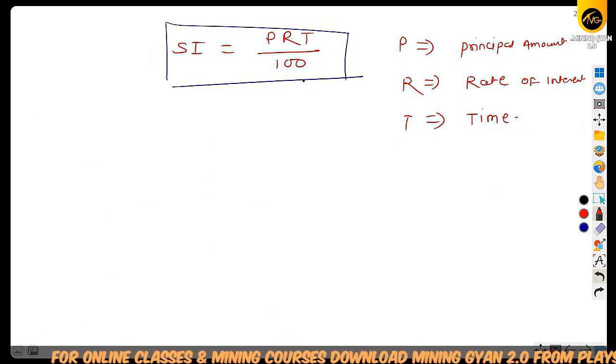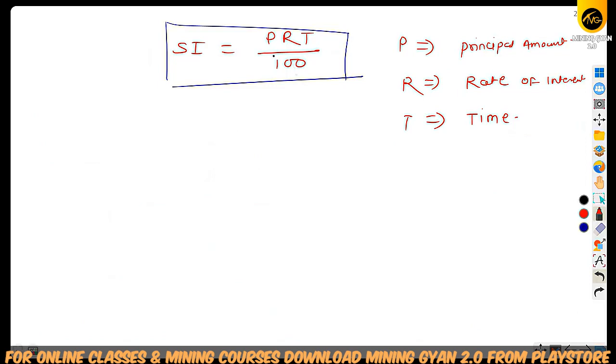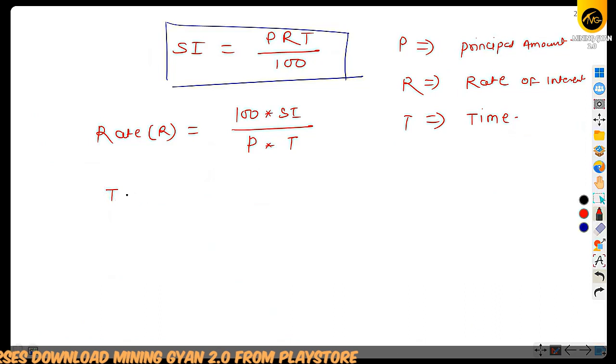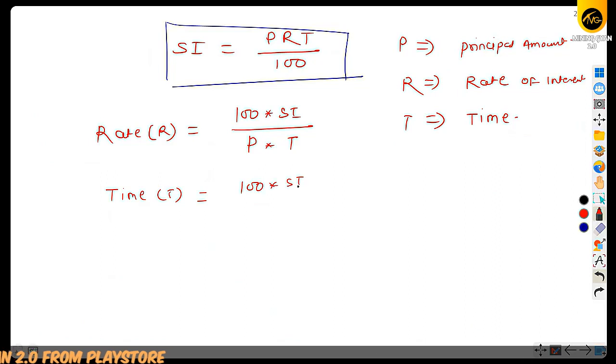divided by 100. Clear? Now, if you want to find out the rate of interest, then R is equal to 100 multiplied by simple interest, divided by P into T, that is principal amount into time. Similarly, if you want to find the time duration, time is equal to 100 into simple interest divided by P into R, principal amount into rate of interest.